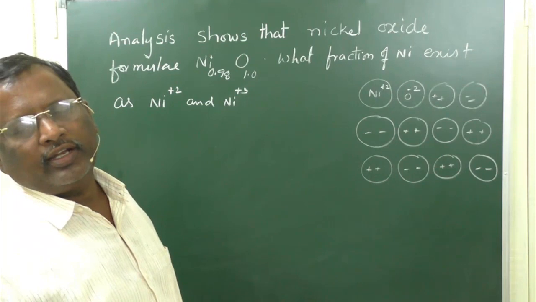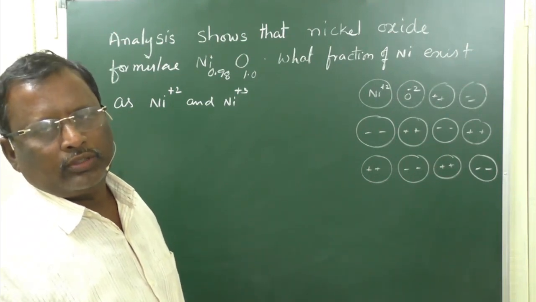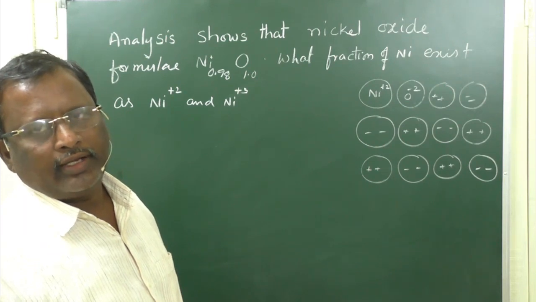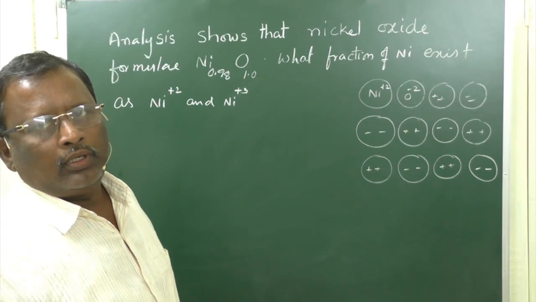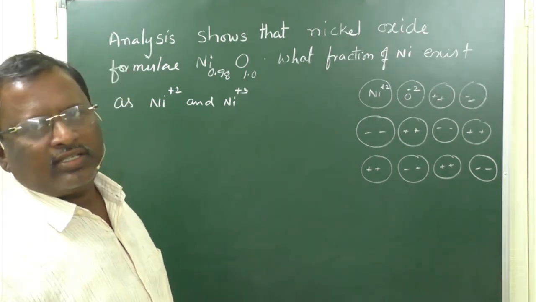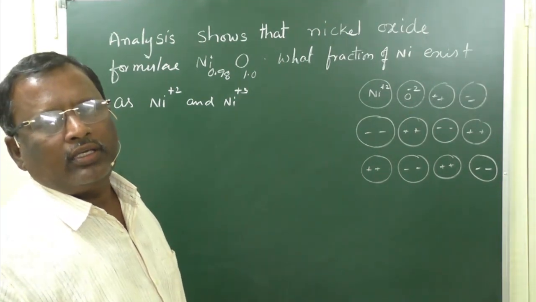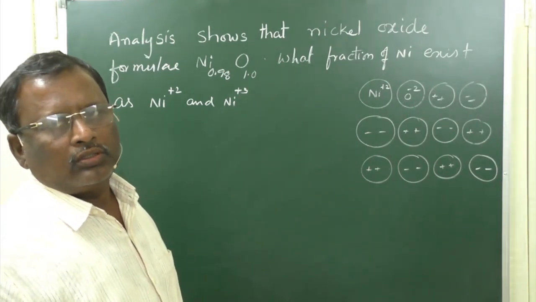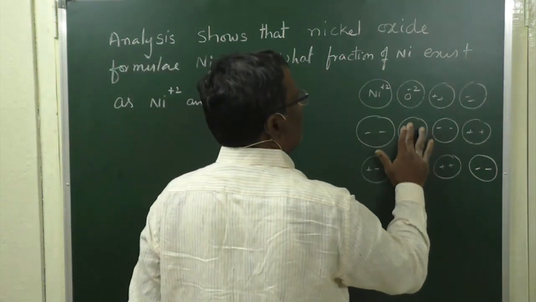Positive ions are dipositive nickel ions and negative ions are di-negative oxide ions. This is the crystal. When temperature increases, some of the nickel ions will leave, make a hole, and disappear from the crystal.